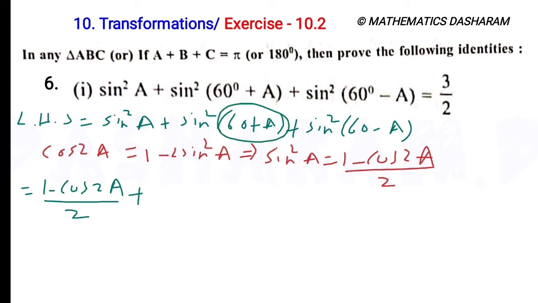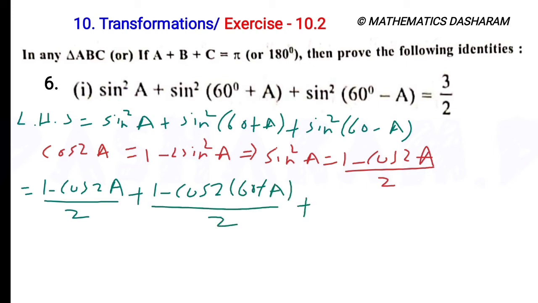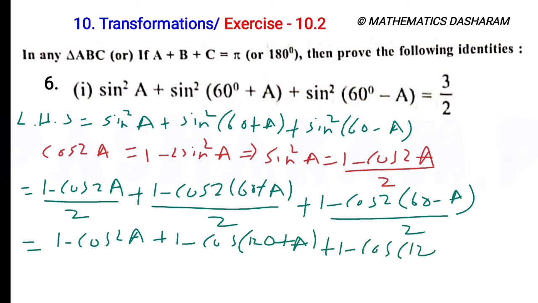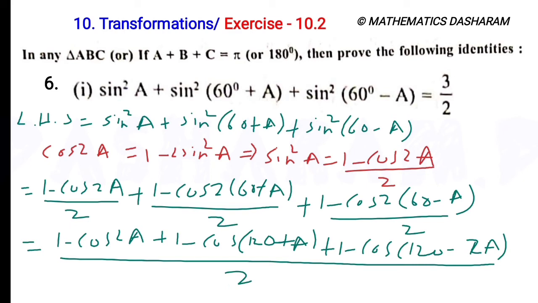we have 60 + A, so 1 − cos 2 into (60 + A), divided by 2, plus, here 60 − A at the place of A, so 1 − cos 2 into (60 − A), divided by 2.